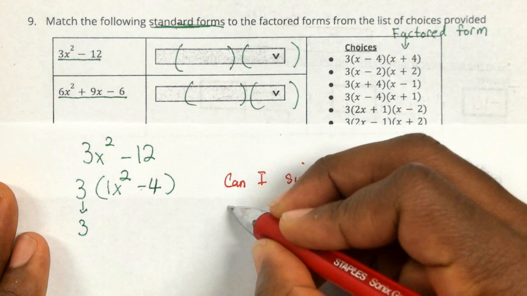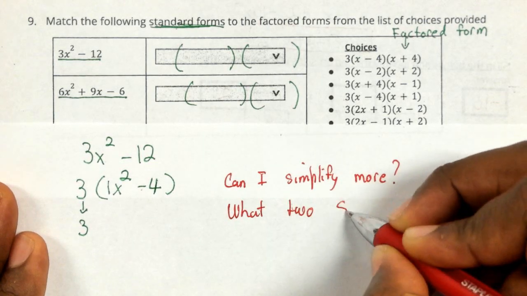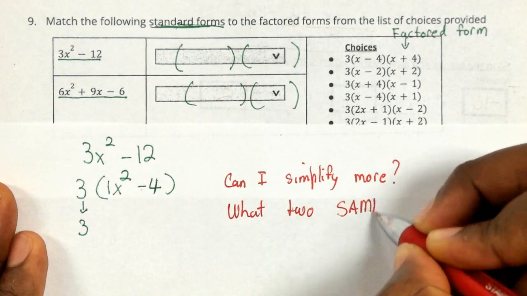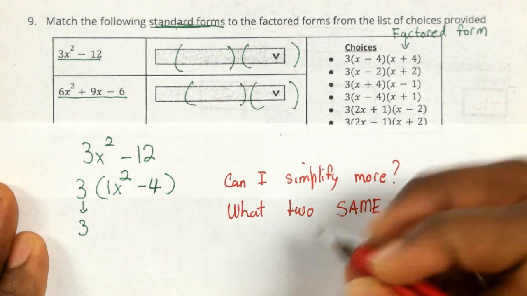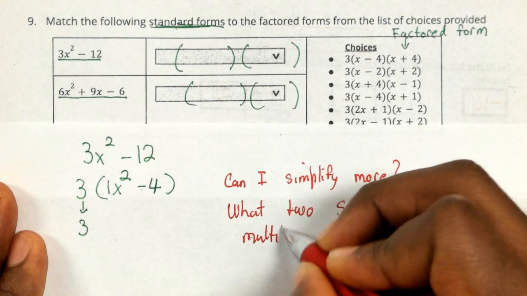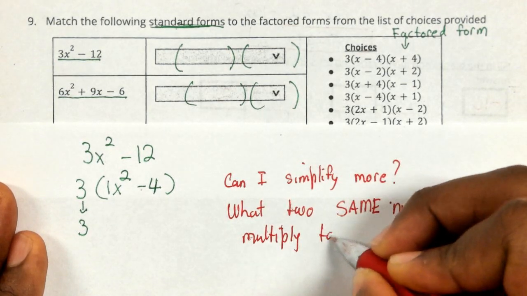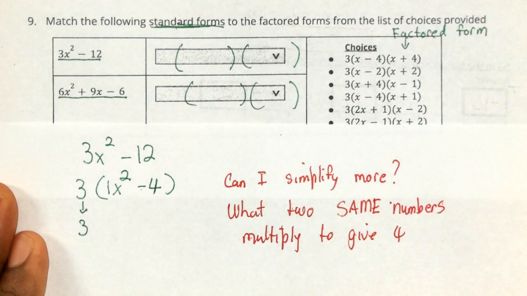You now ask yourself, what two same numbers multiply to give you 4, all right? Do you know two same numbers?